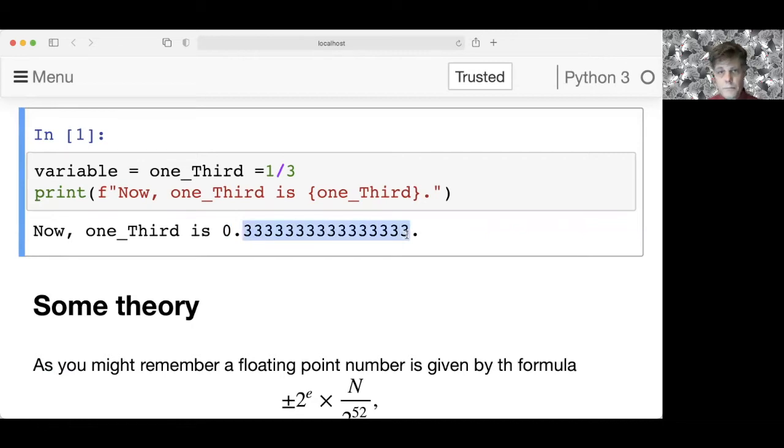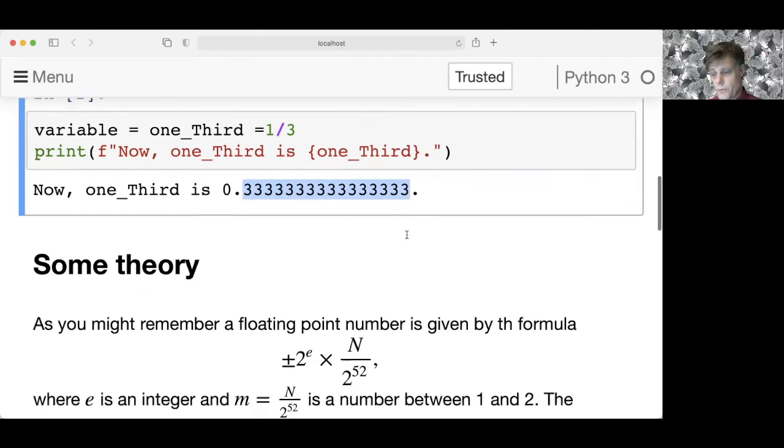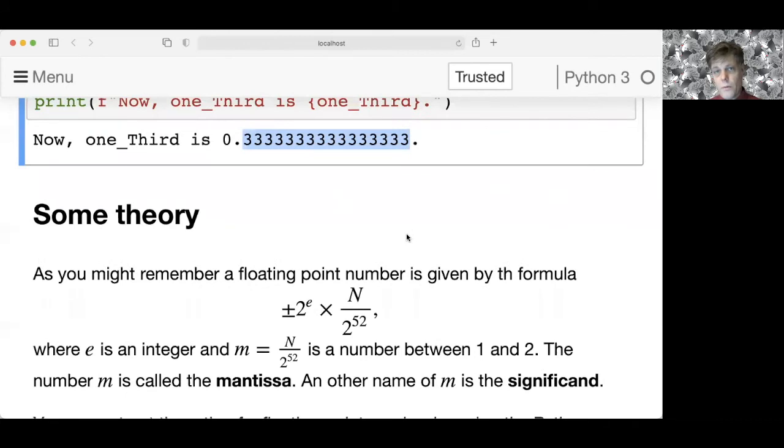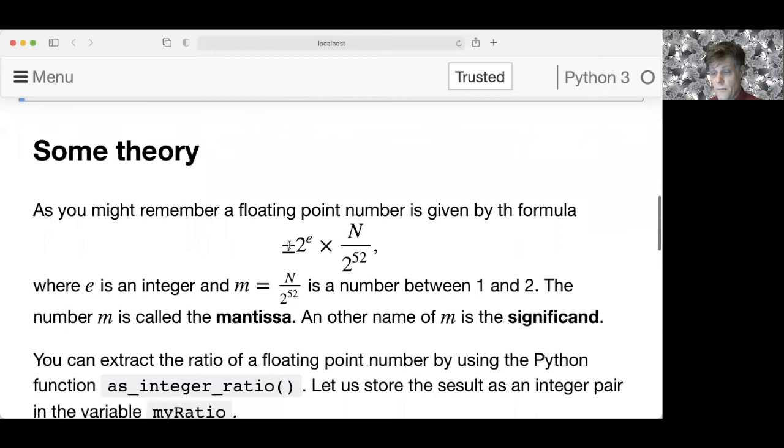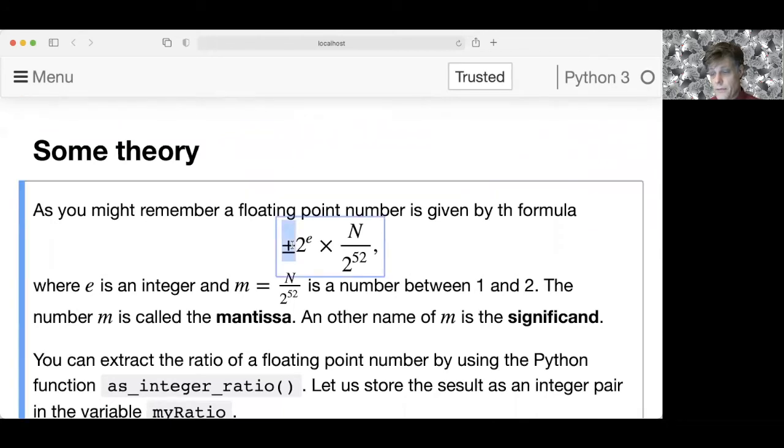So now the result is actually stored in the computer, and we'll talk about how this is stored. We have the sign, which in this case is positive, and we only use 1 bit to save the sign.